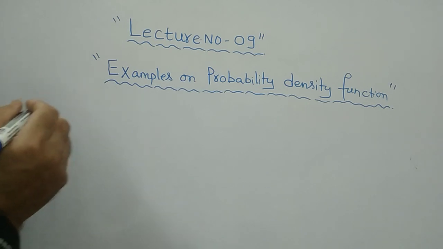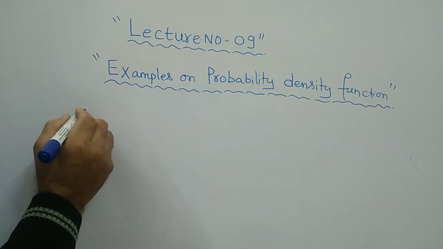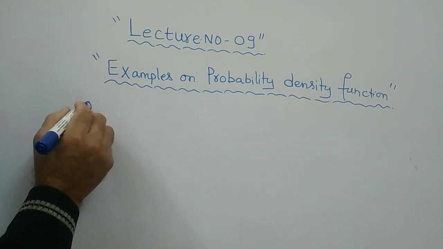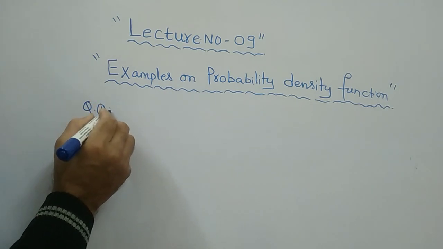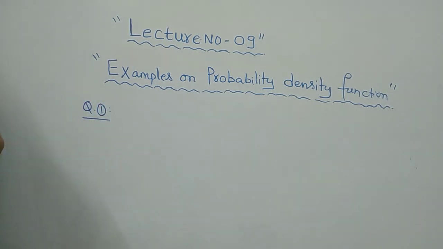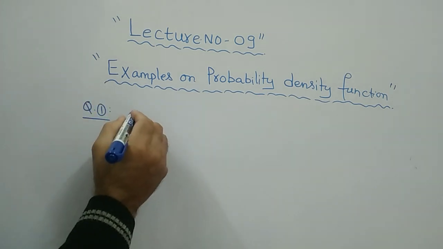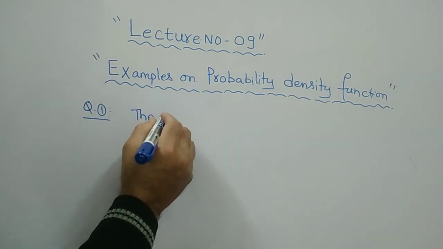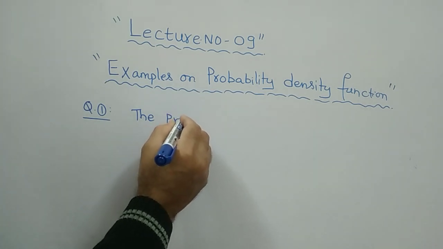Let us see the first example, which you can call question number 1. Here the probability density function, the PDF, should always be written as a small f of x.